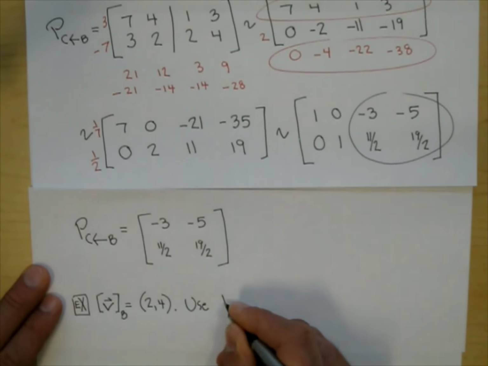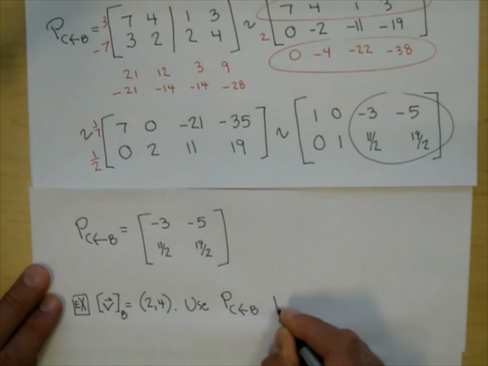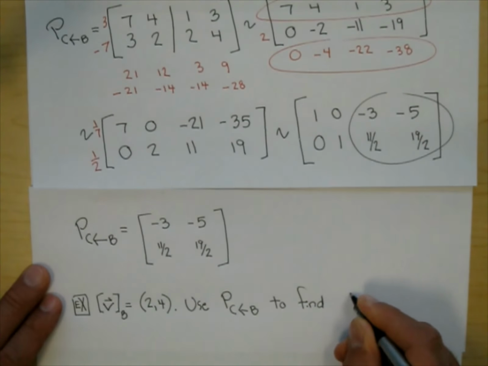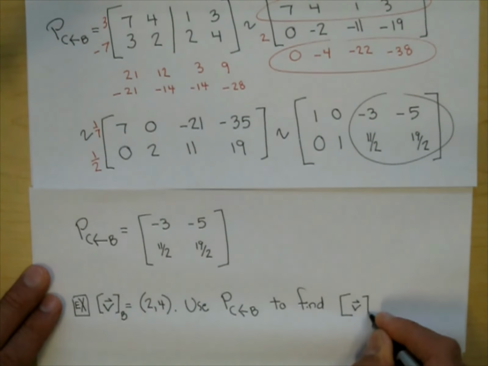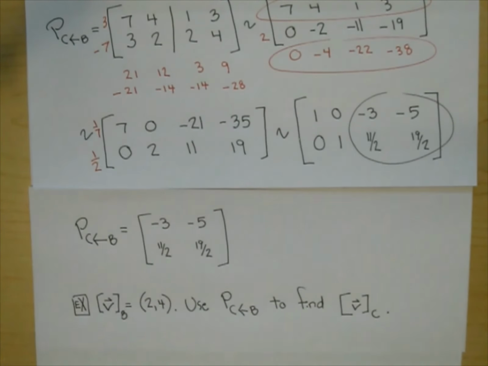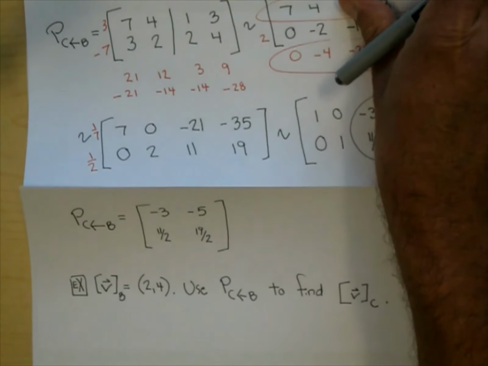Use your change of basis matrix to find the component vector relative to world C. So that's our follow-up question on this. So let's see if we can do that.